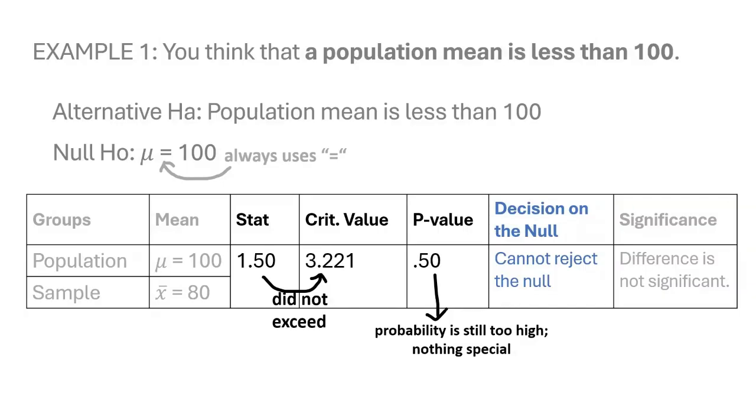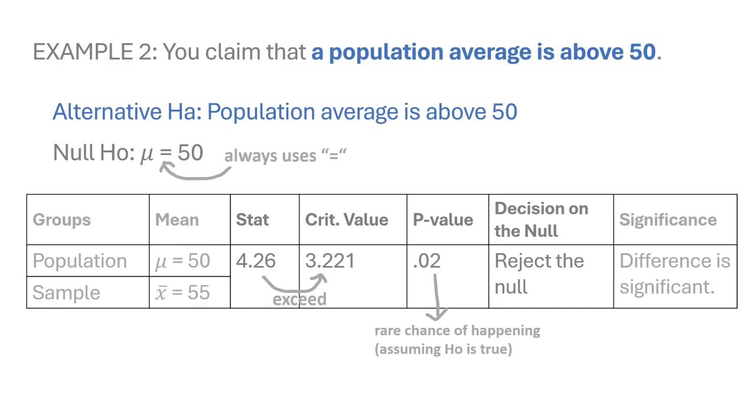How about a second example? We believe that a population average is above 50. This is our alternative hypothesis. But we don't immediately accept this, so we need the null hypothesis mu equals 50. Remember, the null hypothesis always uses an equal sign. For the evidences, the statistic of 4.26 is greater than the critical value 3.221.